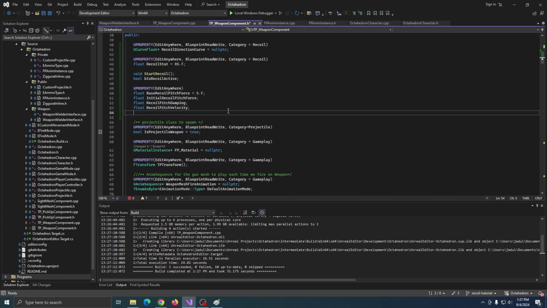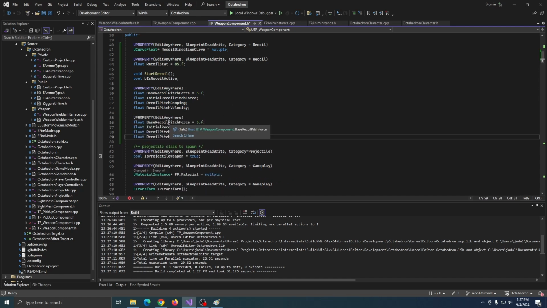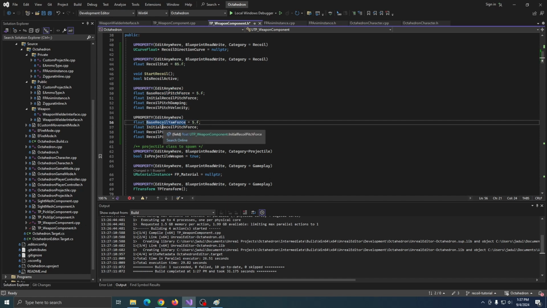I can just add this below here and rename some of them to yaw and initial recoil. This becomes yaw. This also becomes yaw. All right, and maybe change this to 8, I think. Yeah, that could work.